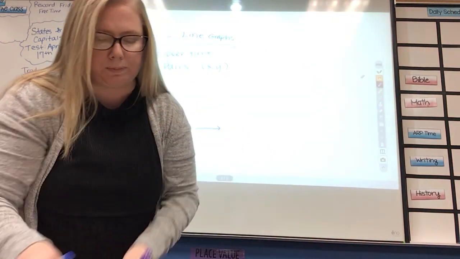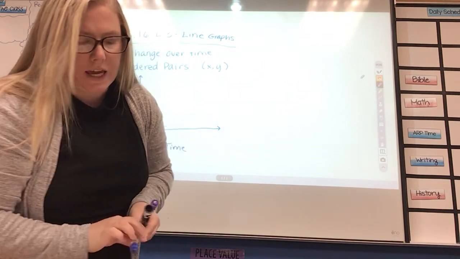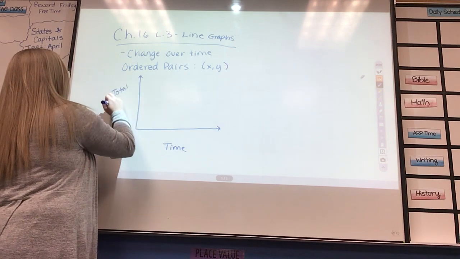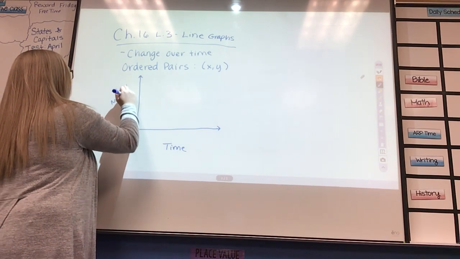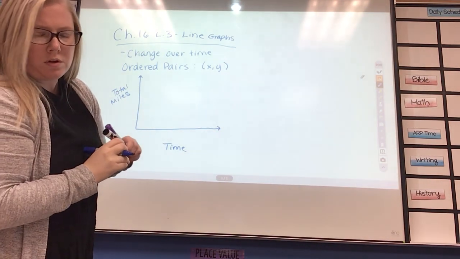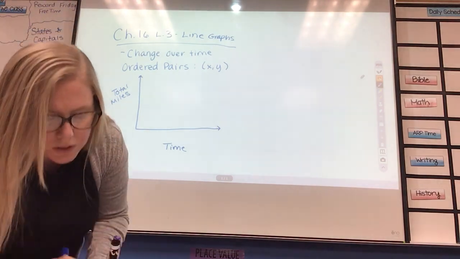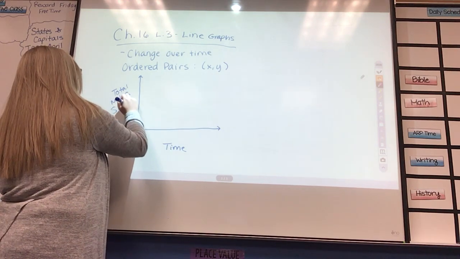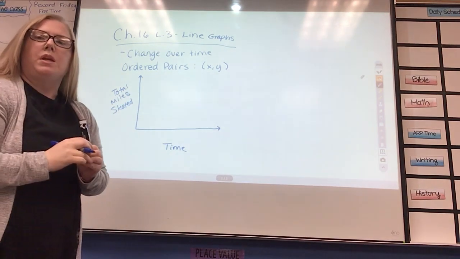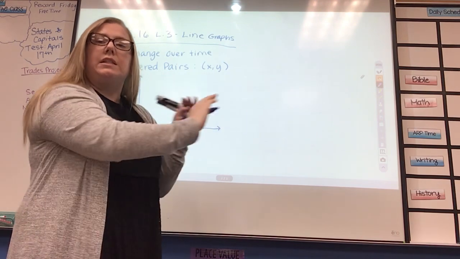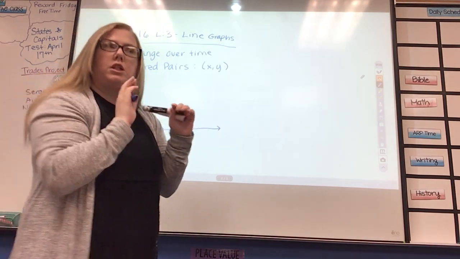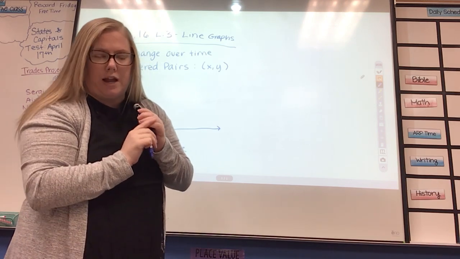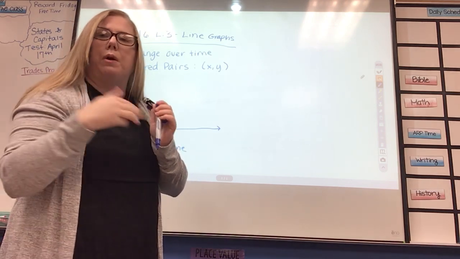So in this case, I have total miles skated. Okay? And I'm gonna just stop you for a second and make sure that your math book is open to page 346 so you can follow along with what I'm writing.